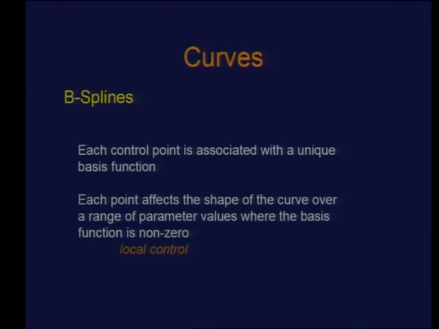And also we observed that these B splines help us decouple the order or the degree of the curve and the number of control points you specify for the B spline polygon, right.